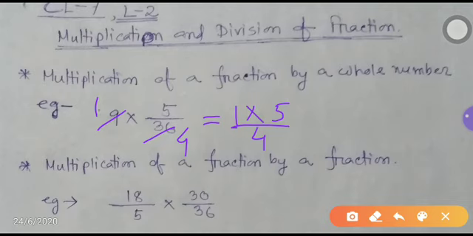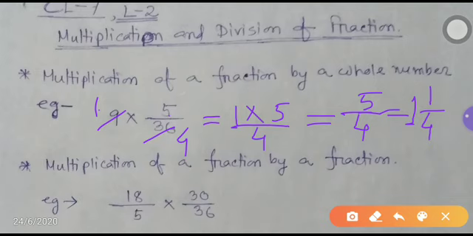This 1 we will count with the numerator, so it equals 5 by 4. Next step: this 5 by 4 is an improper fraction. We have to represent it in mixed fraction form. If you divide 5 by 4, 1 four is 4, again 1 will remain, and you can do the division at the side. We get 1 1 by 4 as a mixed fraction.